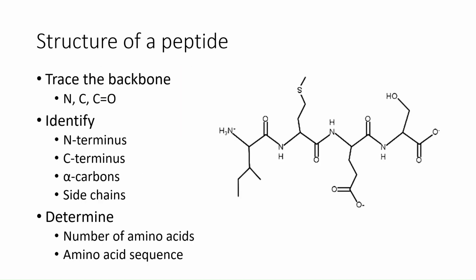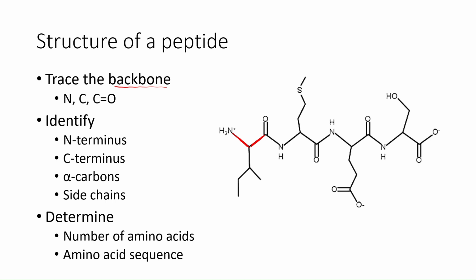Now let's look at the structure of a peptide. So first, we want to trace the backbone. The backbone of our peptide comes from the individual amino acids that make it up. So we start with our amino group that's bonded to the alpha carbon, and that's bonded to the carboxyl carbon. And so that's our first one.